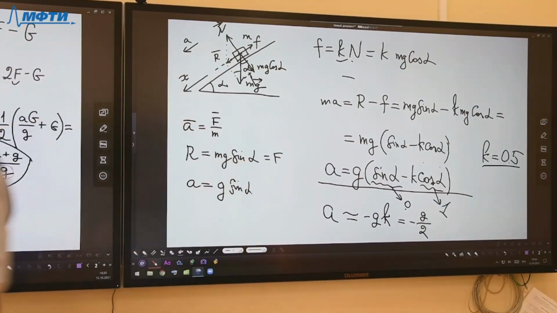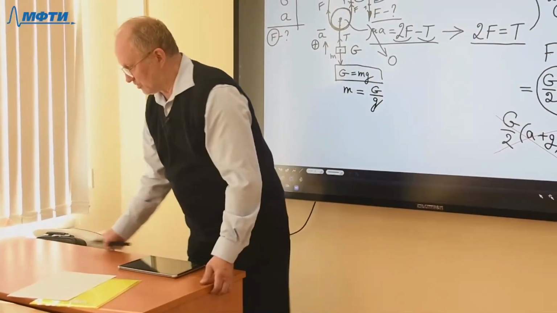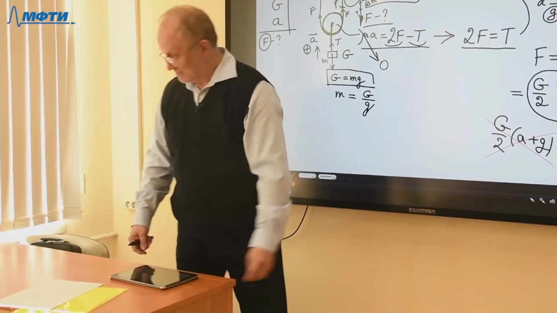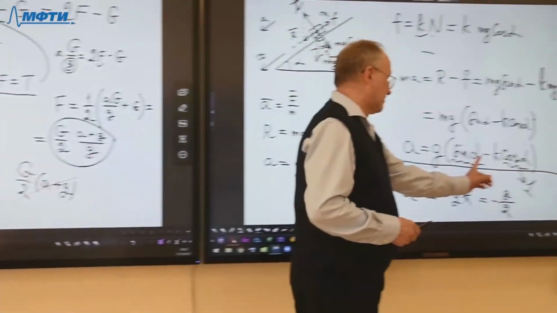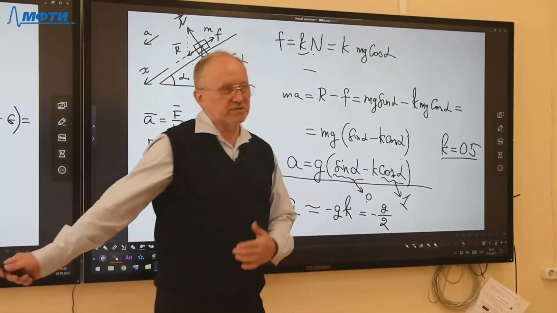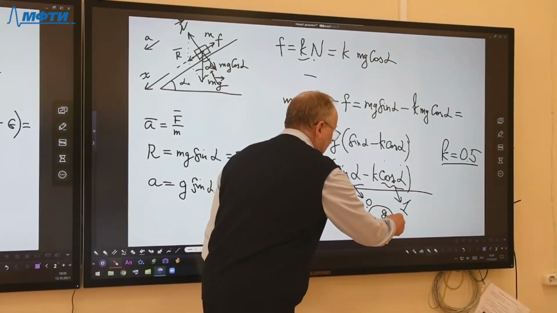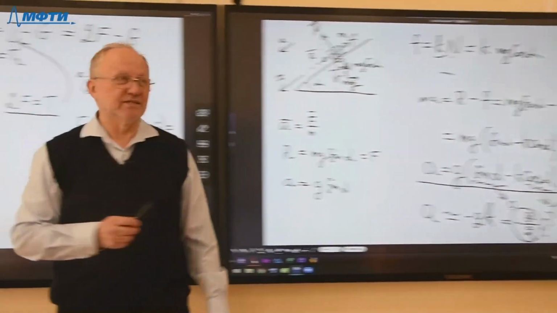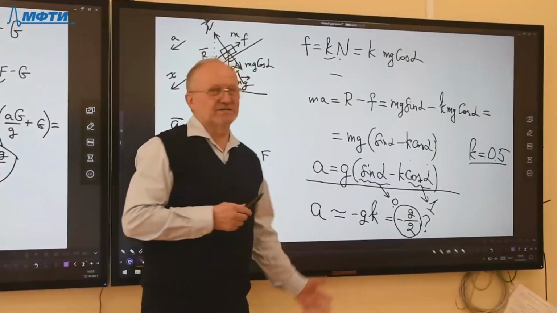I may arrange a small angle, small slope, but the body doesn't accelerate. No acceleration at all. For small alpha close to 0, no acceleration, but the formula gives you an acceleration. Why so? Does it mean that Newton's second law is incorrect? Or does it mean that we don't understand something here?